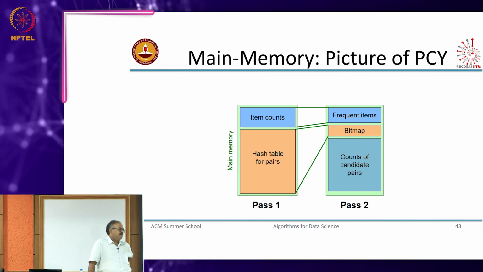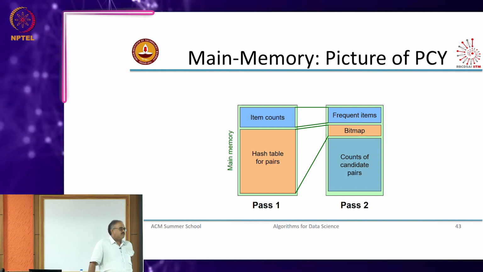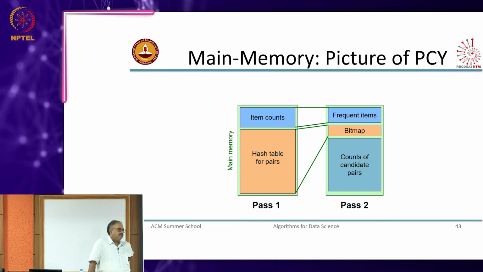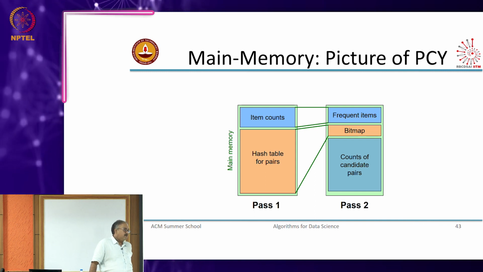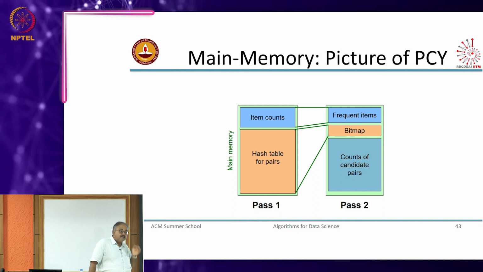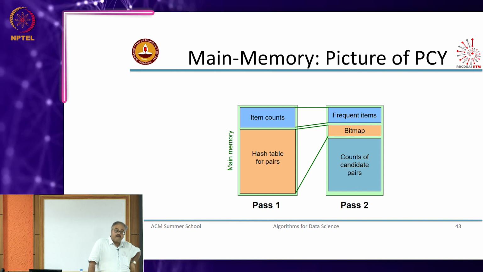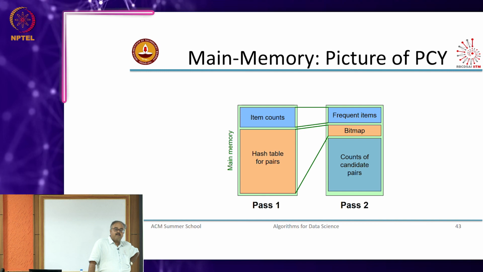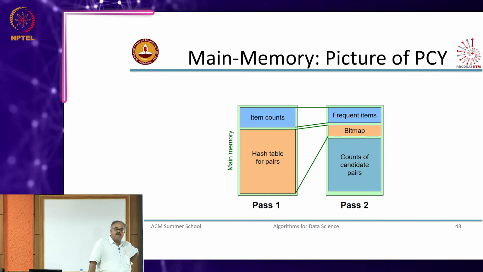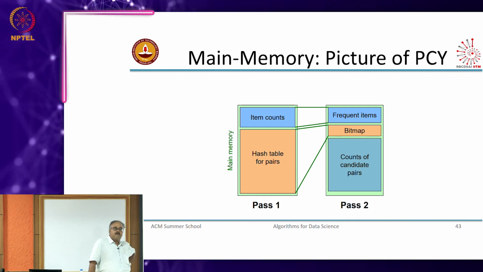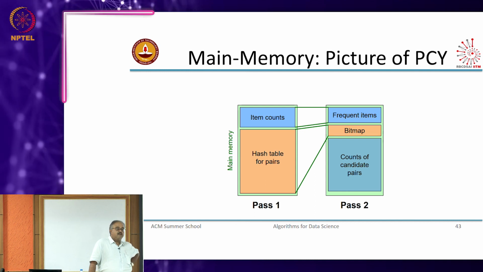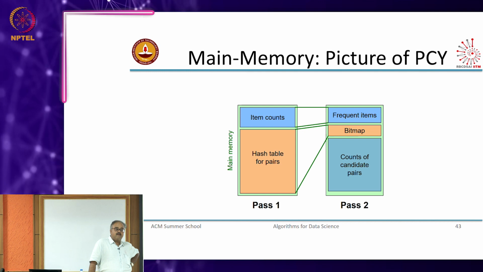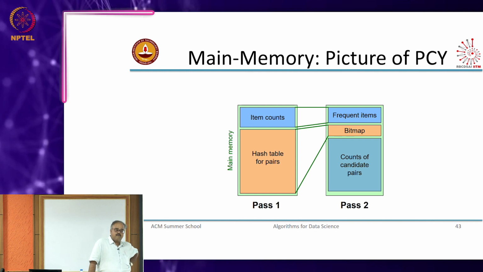Okay, if I have only 1 byte, what is the largest count I can represent? 2 power 8. With 1 byte I can represent up to 255.